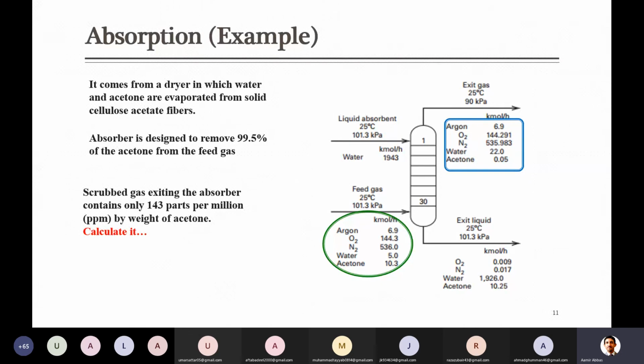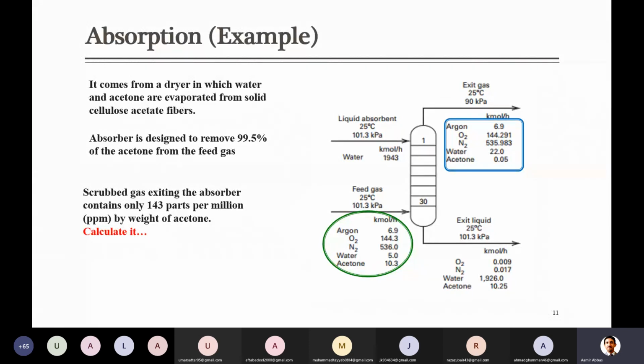And he said that the scrubbed gas exiting the absorber contains only 143 parts per million by weight of acetone. This stream which is leaving, which was initially containing 10.3 kilomole per hour, contains 143 parts per million by weight of acetone.